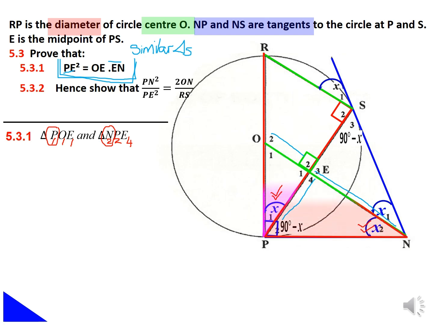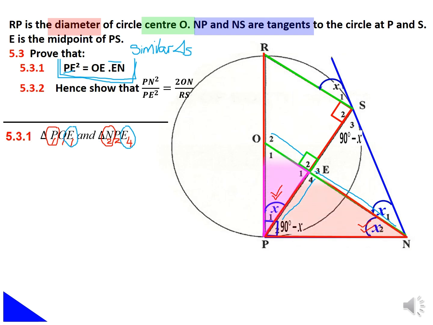So the first two angles are equal to each other. We have already established this from the previous calculations.